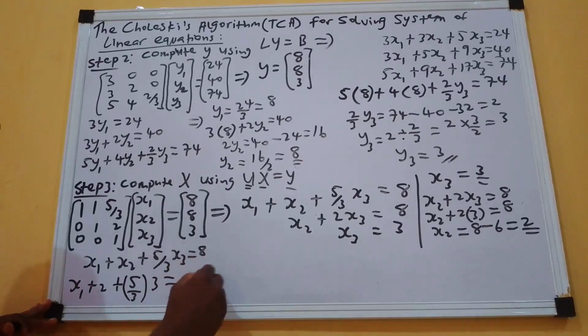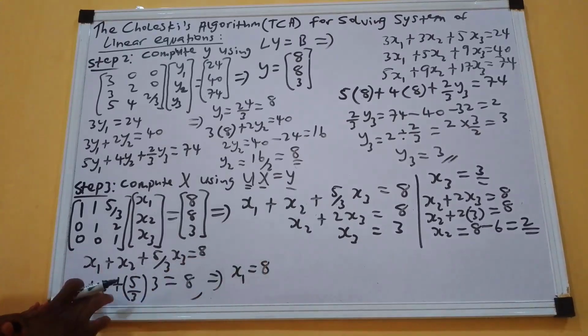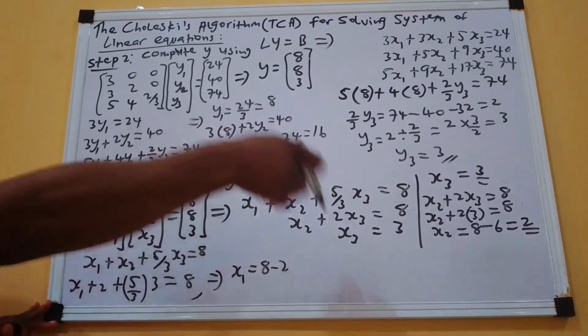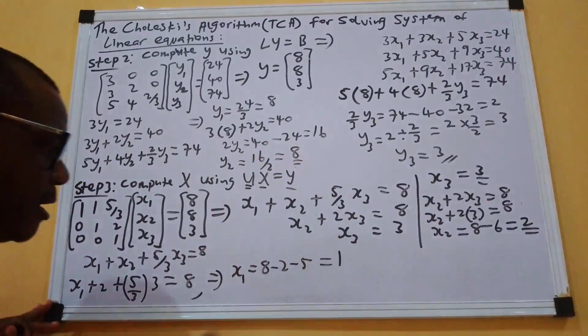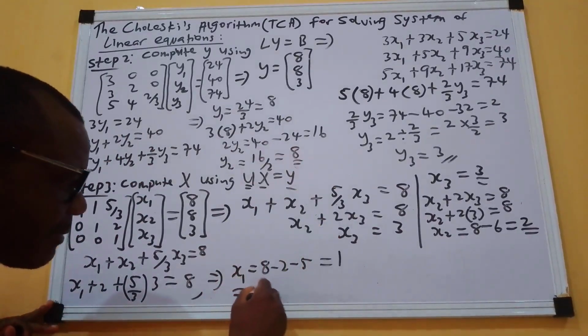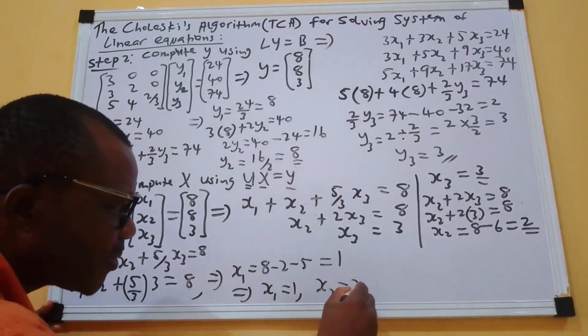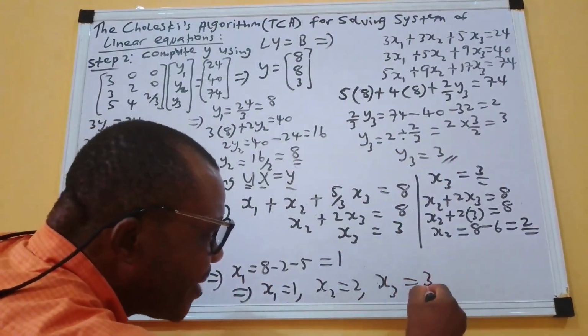So this implies that our x1 will be equal to 8 minus 2, then the 5 goes to that side, minus 5. So 8 minus 7 will be 1. So by implication, this means that our x1 is equal to 1, our x2 is equal to 2, and our x3 is equal to 3.